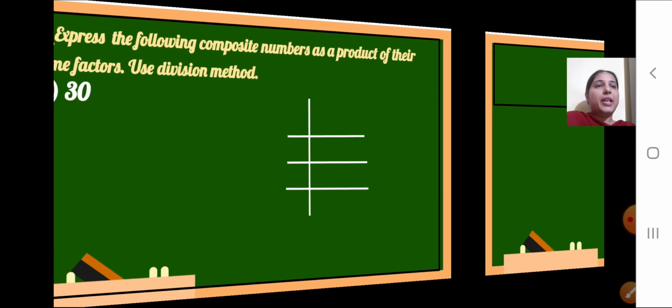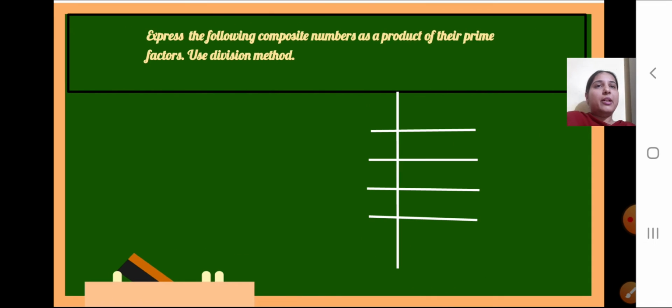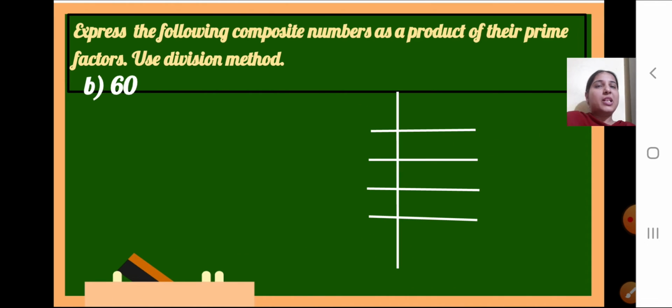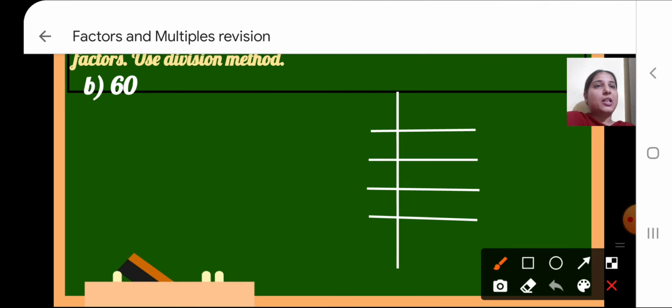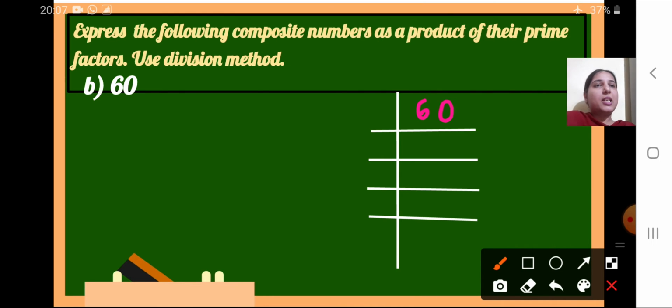Okay. Now let's see the next question. Here again one more number has been given for factorization by division method, which is 60. So let's write 60 here first. Now we will divide it by 2, 2 3s are 6, and this 0 again 2 1s are 2.